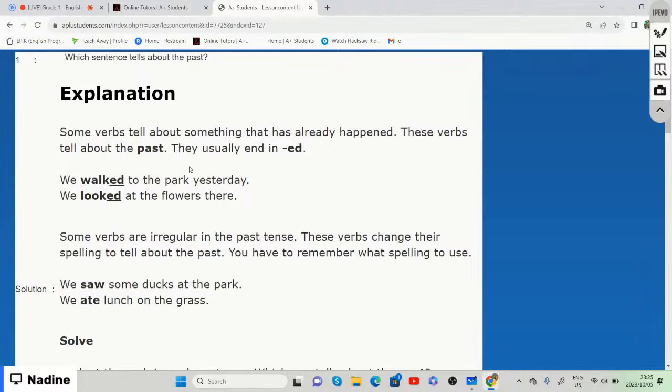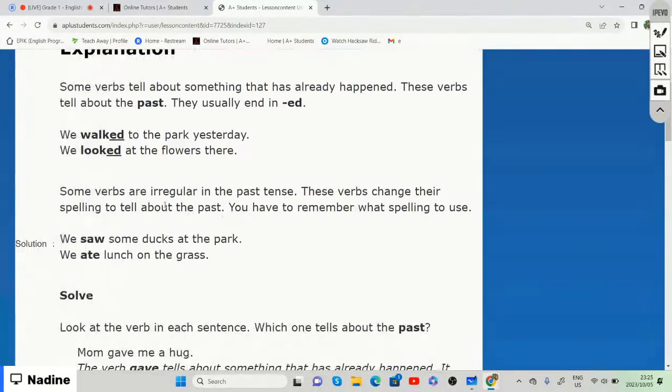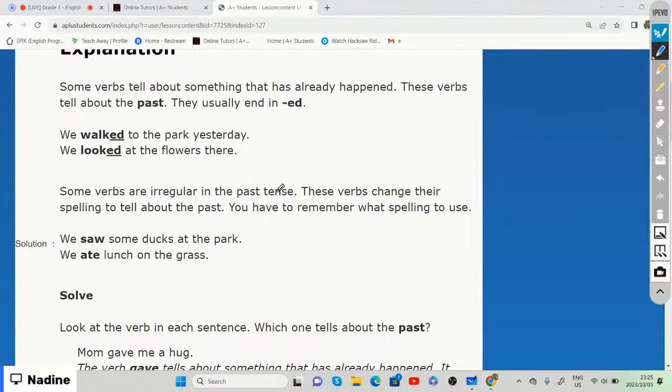And we said some verbs tell us about something that has happened already, and they usually end in ed. But some verbs are irregular in the past tense, and these verbs change their spelling.